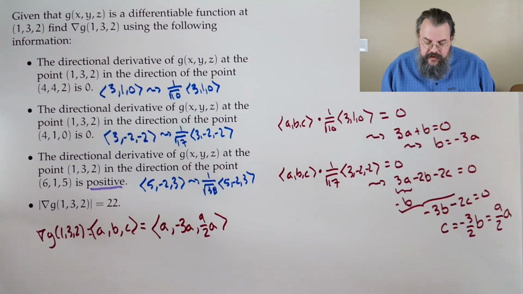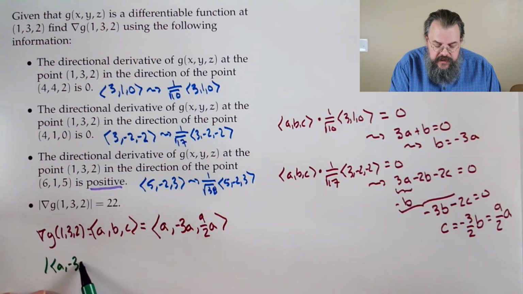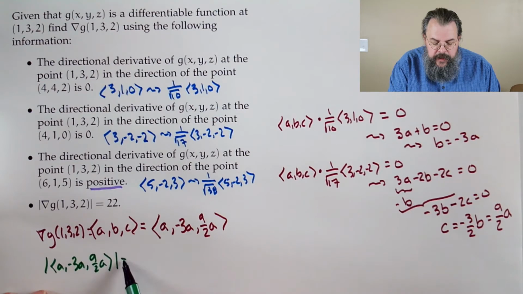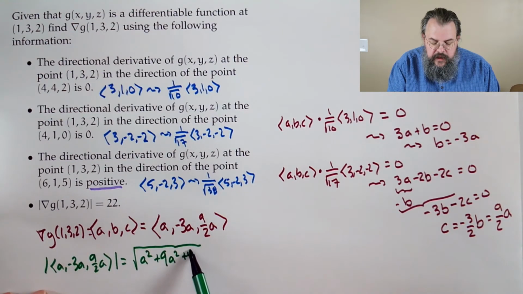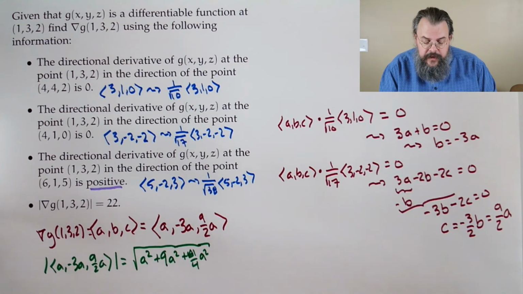Okay, we can say our magnitude of (a, -3a, 9/2 a) would be the square root of a squared plus 9a squared plus 81/4 a squared.